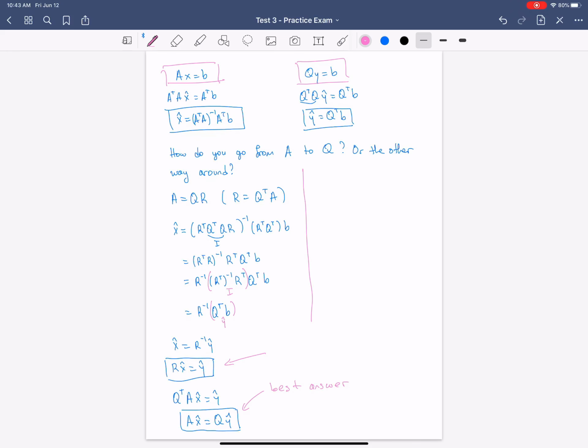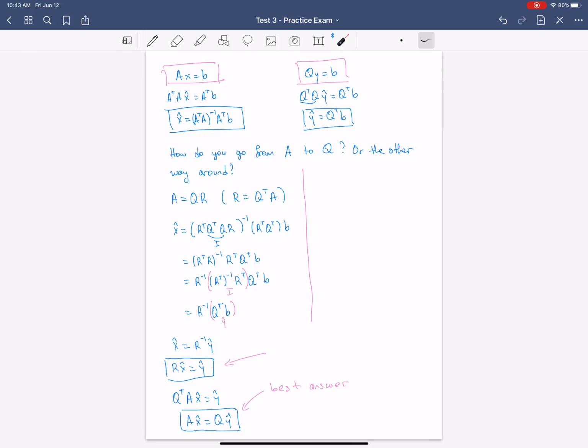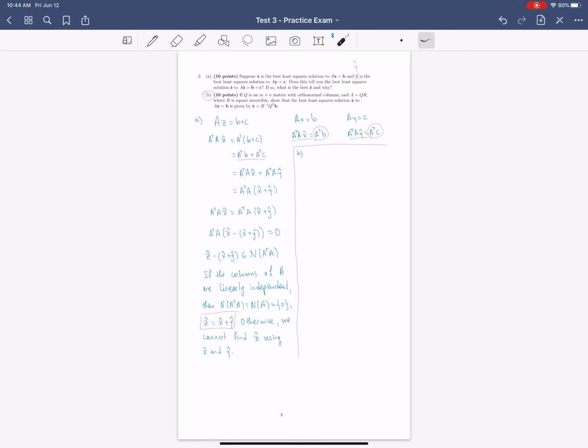The key point here is that the only thing that we used about R is the fact that R is invertible. That's the only thing we used. We knew that R was invertible, and therefore R transpose is also invertible. Nowhere here did we use the fact that R is upper triangular. So exactly these things can be applied right here.